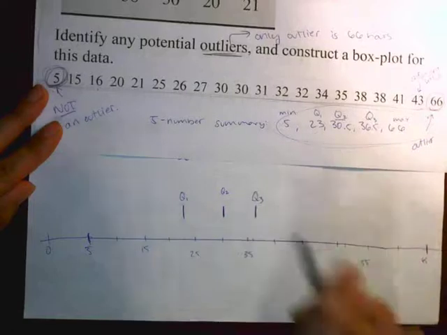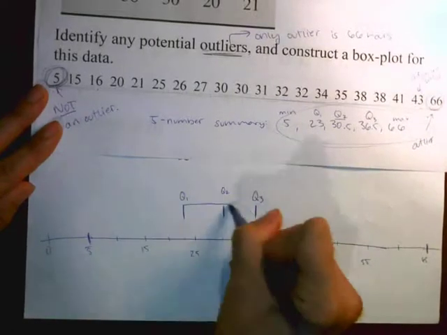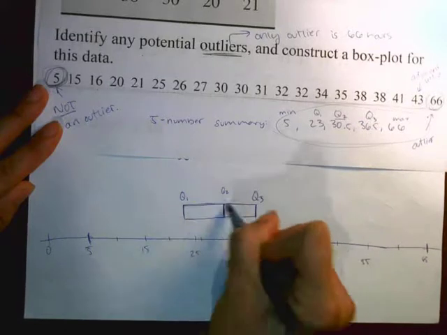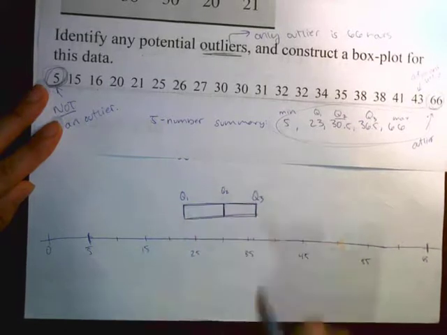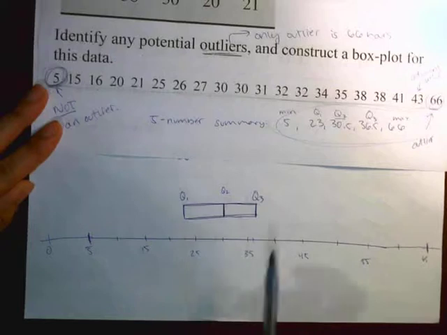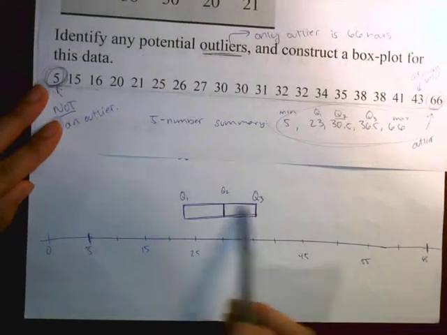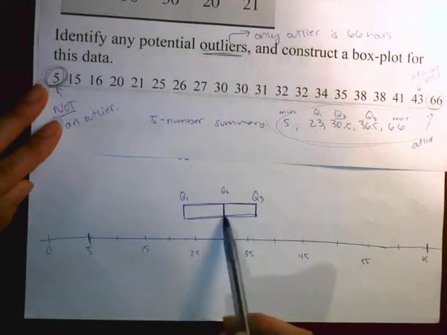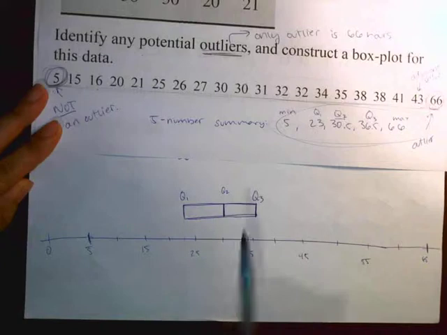We'll put that up there. There's Q3. This is our box, the box part of the box plot. It tells us that, remember, between Q1 and Q3, we have 50% of the data. So half of the data is here, where Q2 is the median.